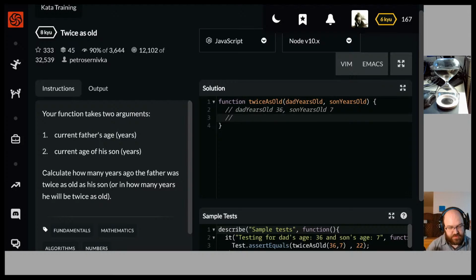We have 36 plus y, y for year, equals 2 times 7 plus y.